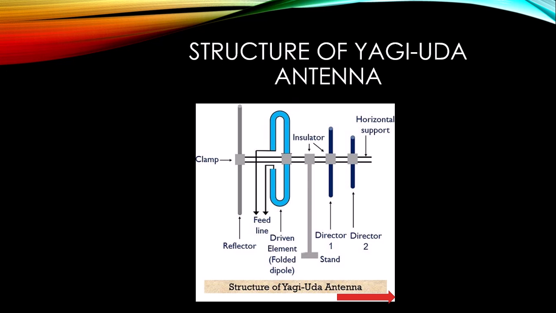External excitation is not provided to the parasitic elements. However, when the dipole is excited using a transmission line, the current that flows through the driven element induces voltages in the parasitic elements. All these elements are mounted on a center rod that acts as horizontal support.